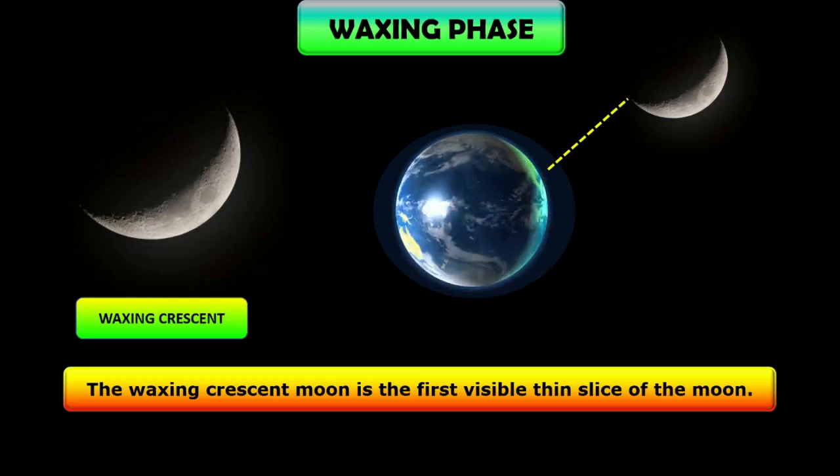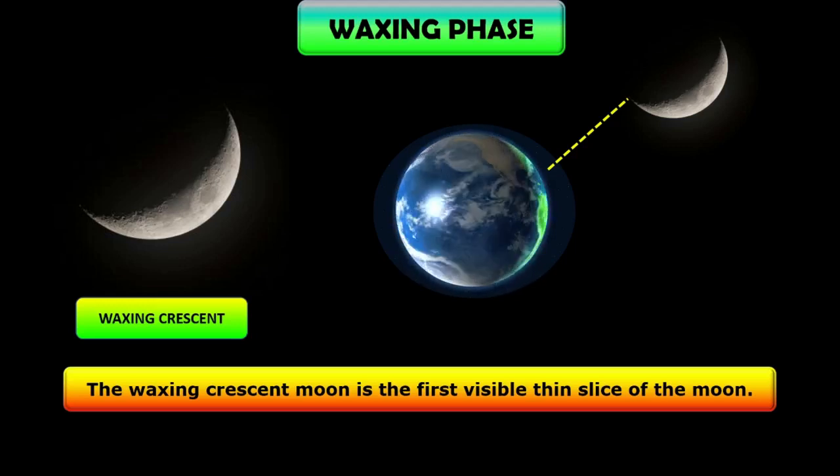Now what we can see is just a thin side of the moon called a crescent. We call it a waxing crescent because waxing means growing. The crescent moon will grow a little bit thicker every night until it reaches the next phase, first quarter.